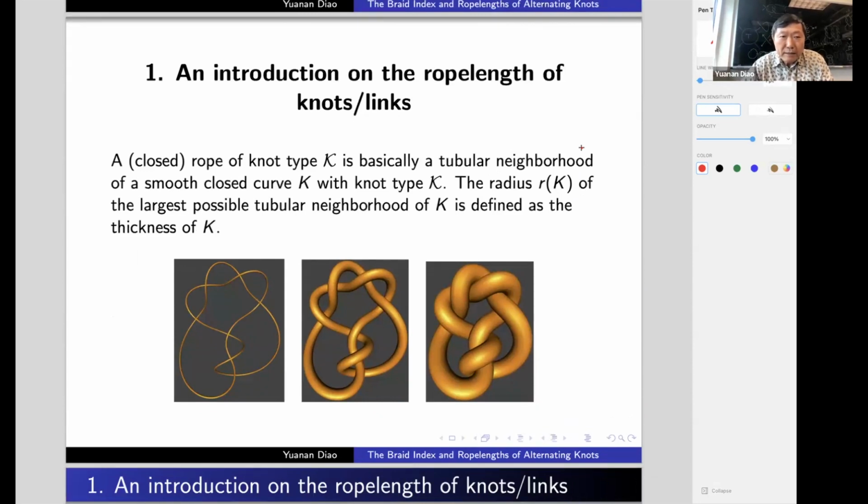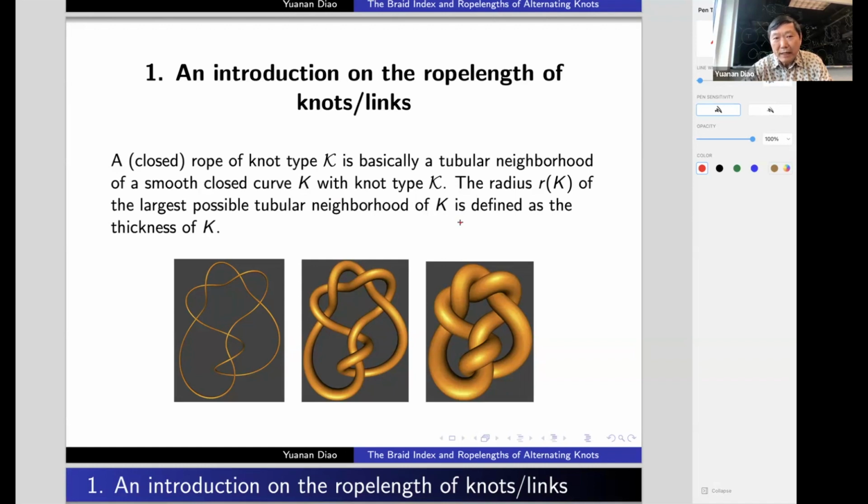When we define the rope length, the basic idea is thinking of the knot not just as a thin curve, but as being tied with a rope. A closed rope here has to be closed. You are thinking about a tubular neighborhood of a smooth closed curve, which is our knot with a given knot type.